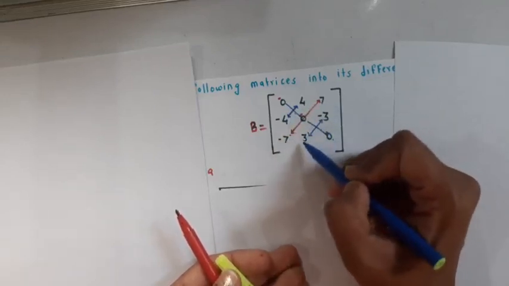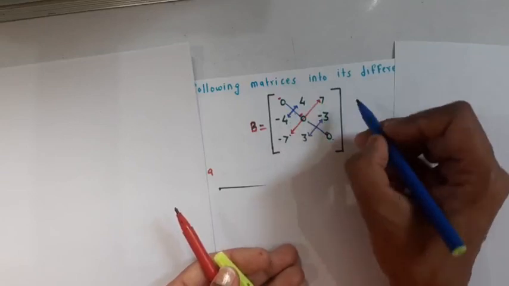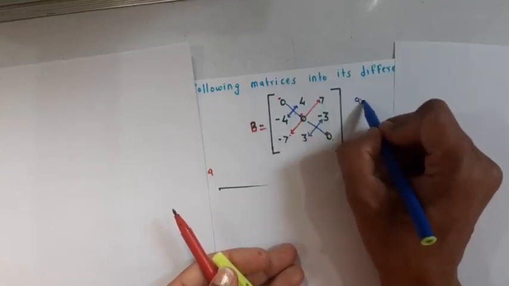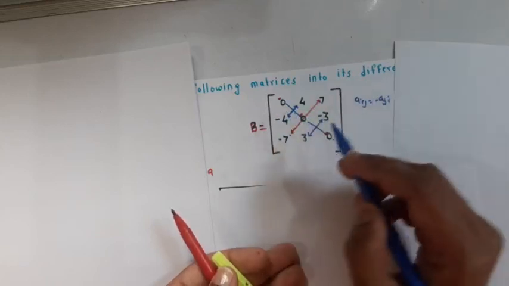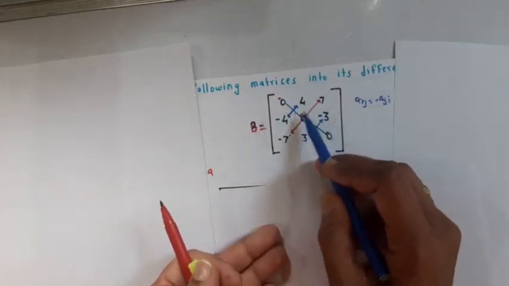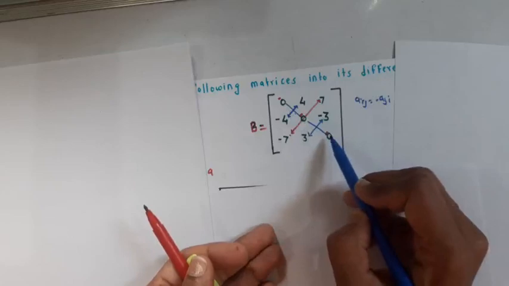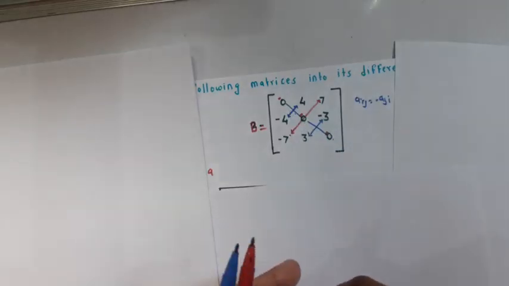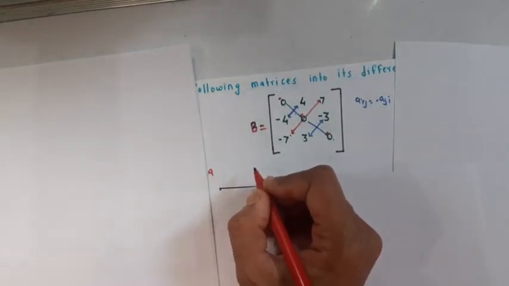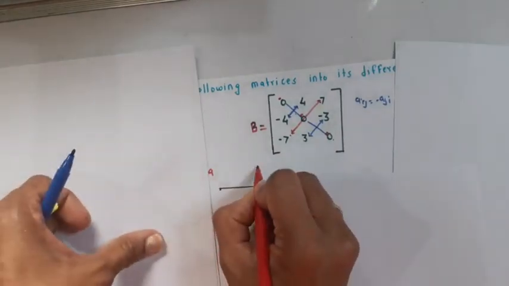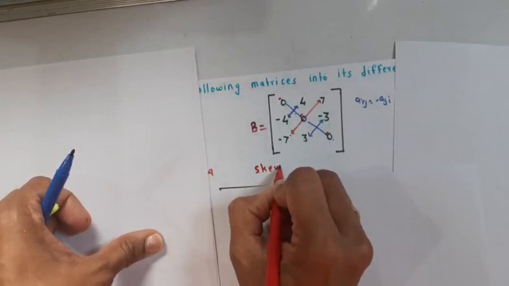That means Aij equals minus Aji. Non-diagonal elements are negatives of each other and diagonal elements are 0. This is the property of a skew symmetric matrix. This is the skew symmetric matrix. Okay, skew symmetric.